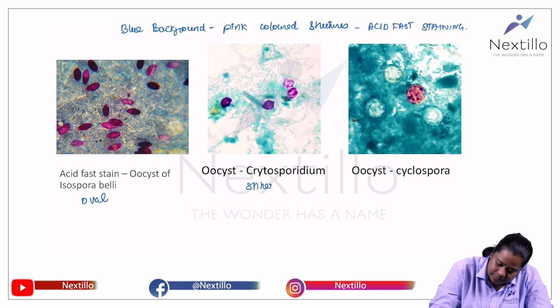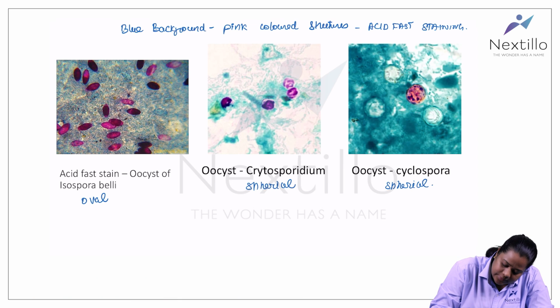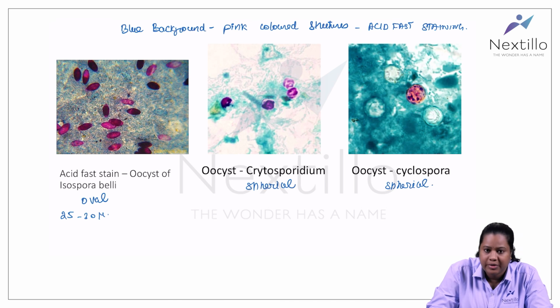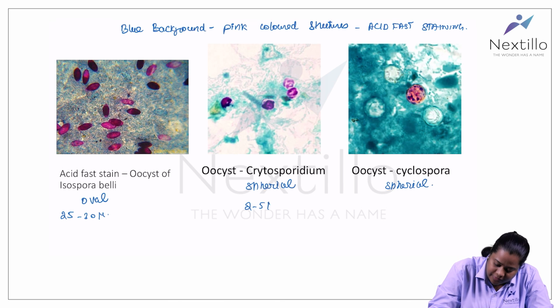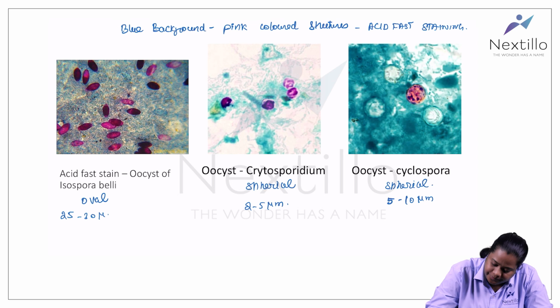Cryptosporidium is spherical, and Cyclospora is also spherical. The oocyst of Isospora is big, around 25 to 30 micron, and Cryptosporidium is the smallest, around 2 to 5 micrometer. Cyclospora is just double the size of Cryptosporidium, around 5 to 10 micrometer.